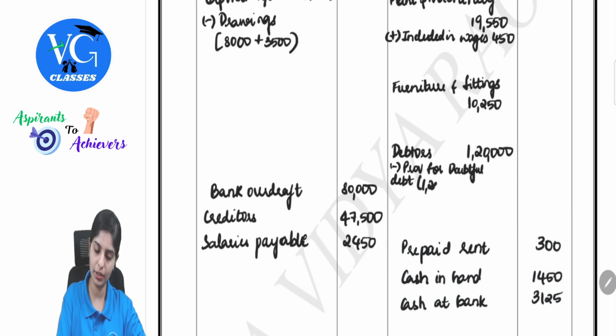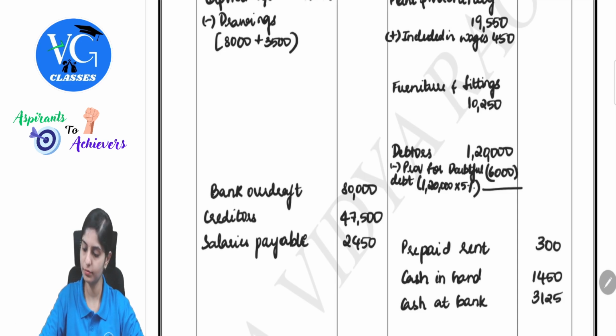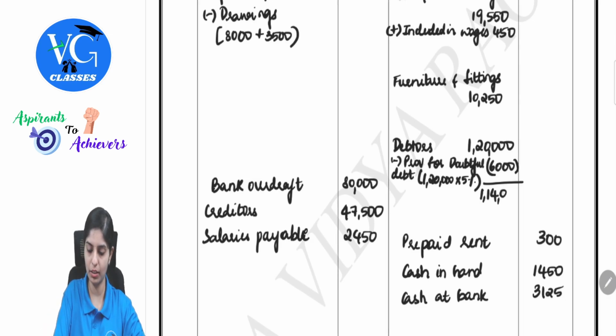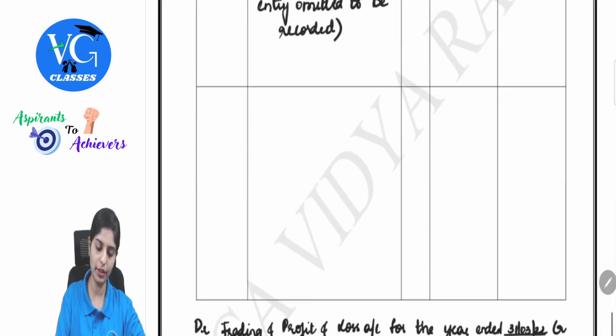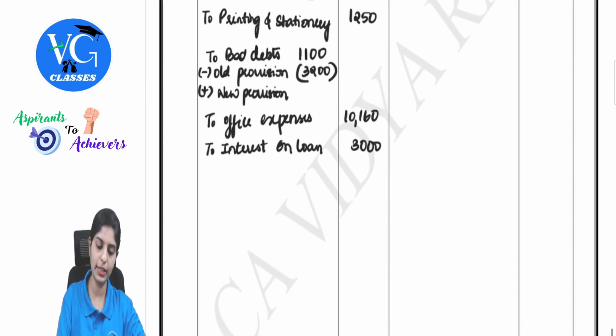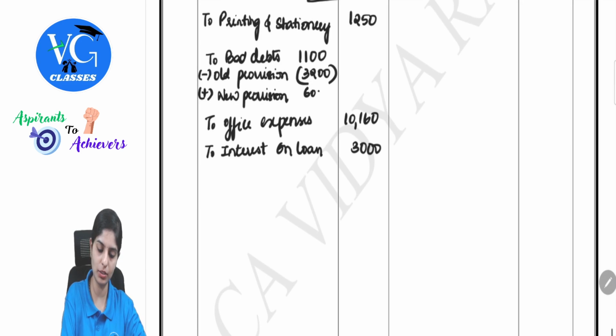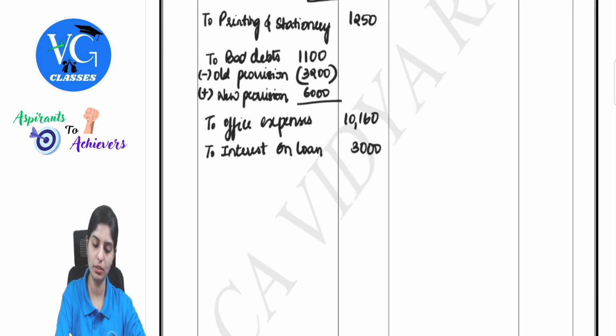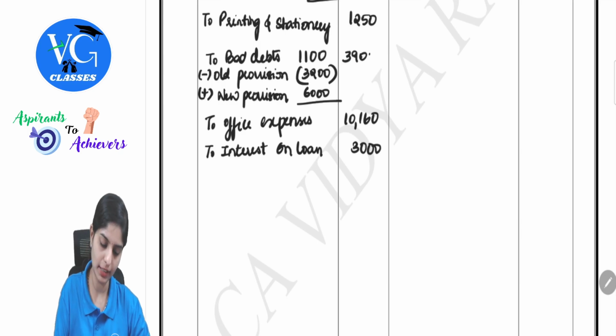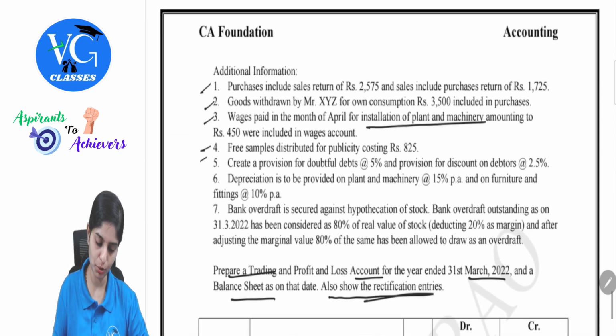This is 1,20,000 into 5%. That is 6,000. 1,14,000. Now this was provision for doubtful debts. New provision is 6,000. So this will be 1,100 minus 3,200 plus 6,000, 3,900. This was point with respect to bad debt.